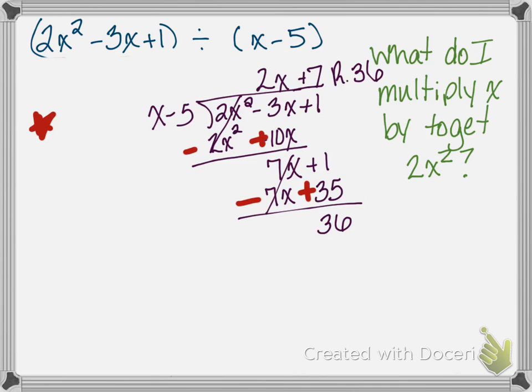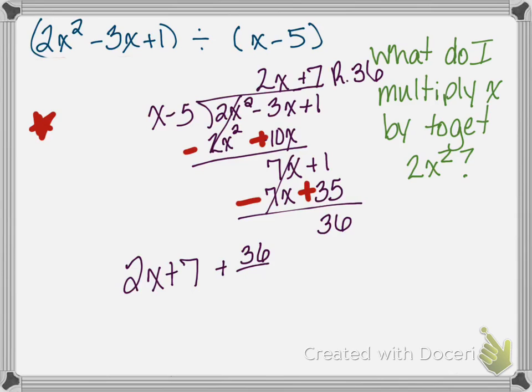So my answer when I started dividing was 2x plus 7. That's what I got, that it went into my larger polynomial, which is 2x squared minus 3x plus 7. I had a remainder, and that remainder is going to go in my numerator. That's the top part of my fraction.